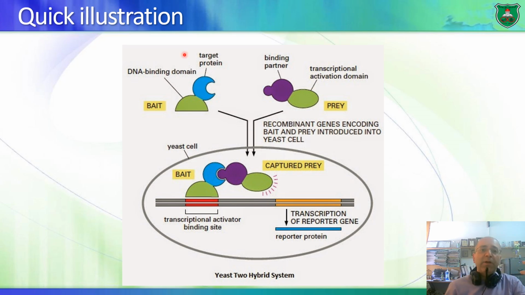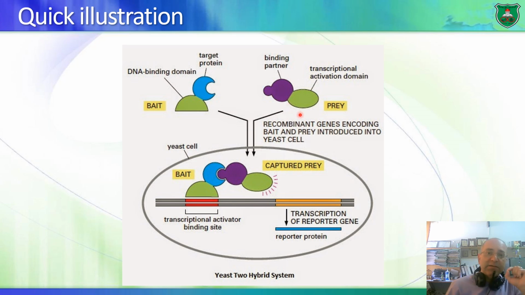Recombinant DNA technology is used to create a recombinant protein composed of the DNA binding domain of the GAL transcription factor with one protein, and we create another recombinant protein that is made of the activation domain with another protein.